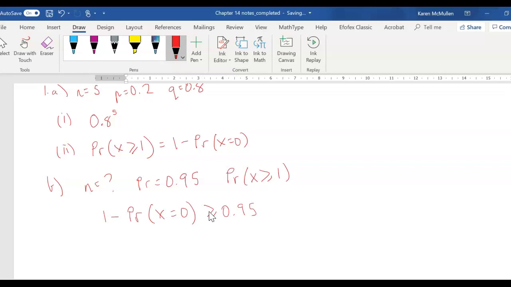Let's put the 1 over to the left-hand side, so we're left with the probability X equals 0. Now, if I put that 1 over, I'm going to get negative 0.05, but to counteract both negatives, my inequality sign has to change direction.